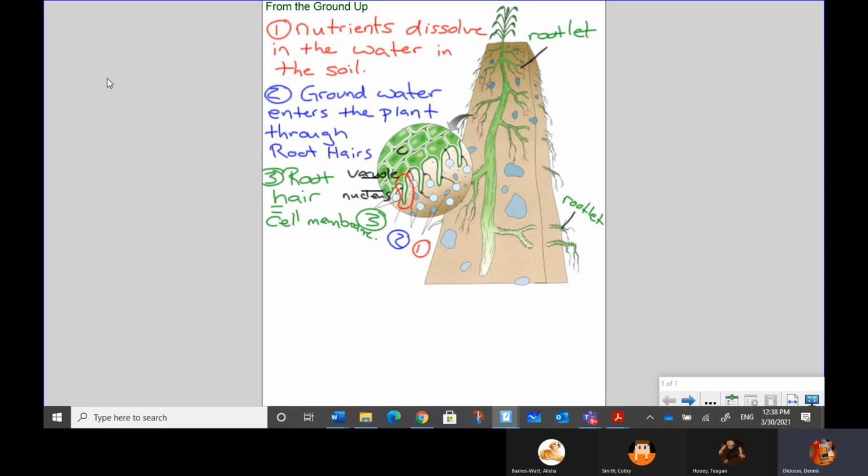Okay? So if we were to break it down sequentially in the order of big to small, you'd have your main root, which we'll call A. We'll throw that on right there. And then that goes into smaller roots.